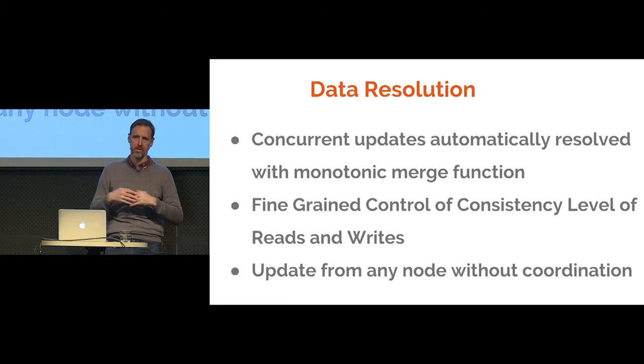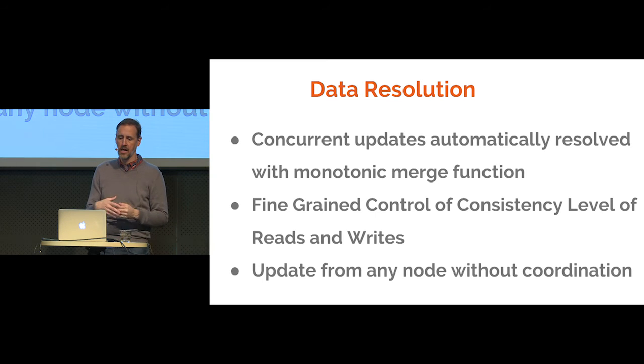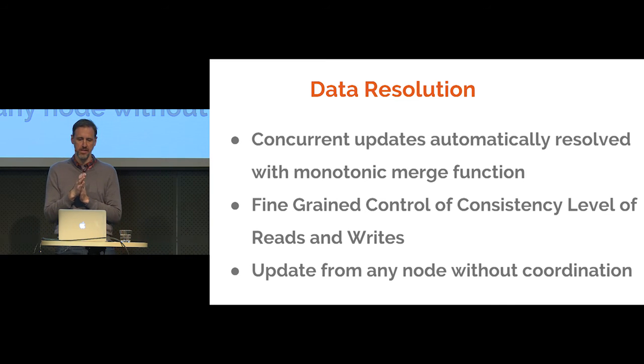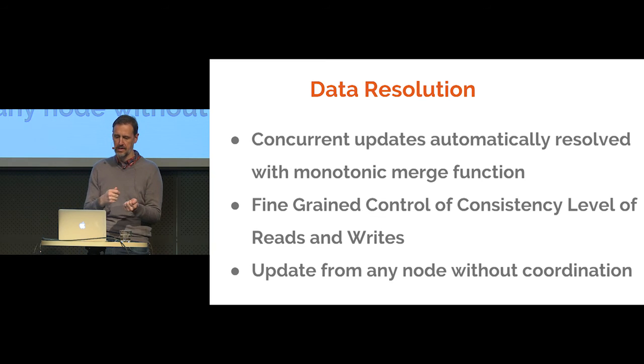Instead, I can use these monotonic merge functions to merge my data. So basically, I can broadcast the data out, and the individual nodes can merge the data into a convergent value. I can also have fine-grained control of consistency levels for my reads and writes. I'll talk about that in a minute. What else is nice is that because Akka is based on a peer-to-peer cluster, I can update from any node without coordination. So I'm never having to go to a central node for coordination, and never having to do any kind of distributed locking mechanism.